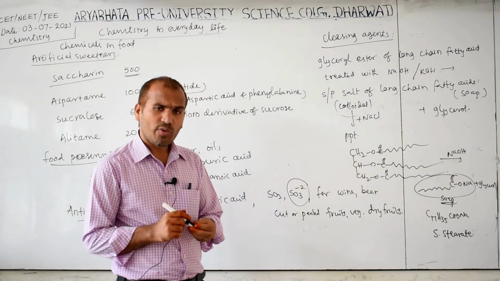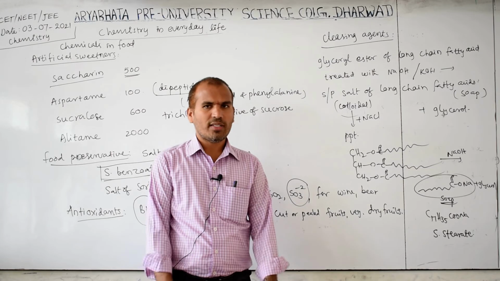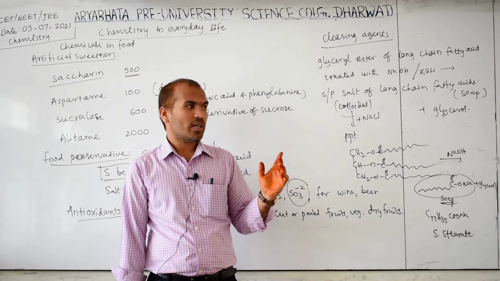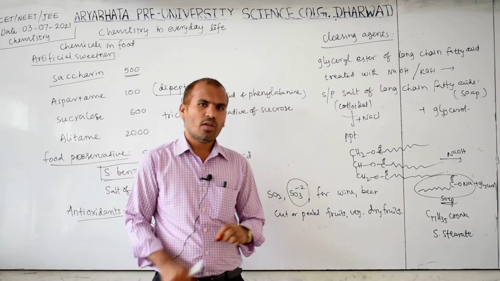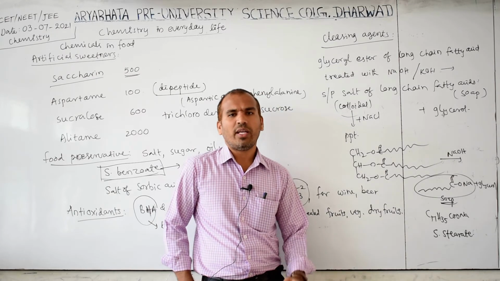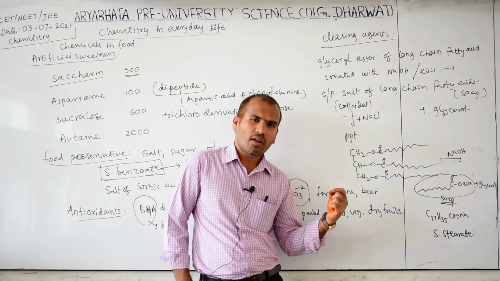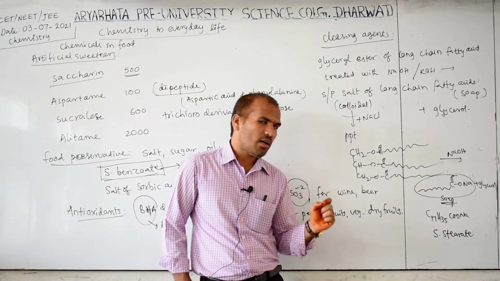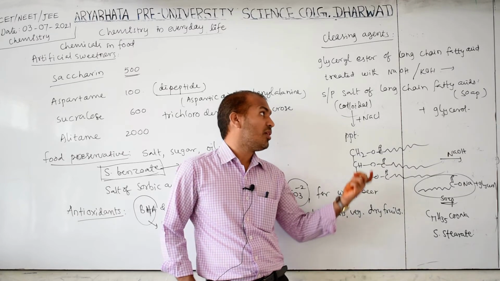All these soaps are prepared by heating with the base. What are the bases? Sodium or potassium hydroxide. So soaps are prepared by heating oils or fat with the base or alkali. Any one word they may use. Oil or fat heated with the alkali. This alkali may be which one?